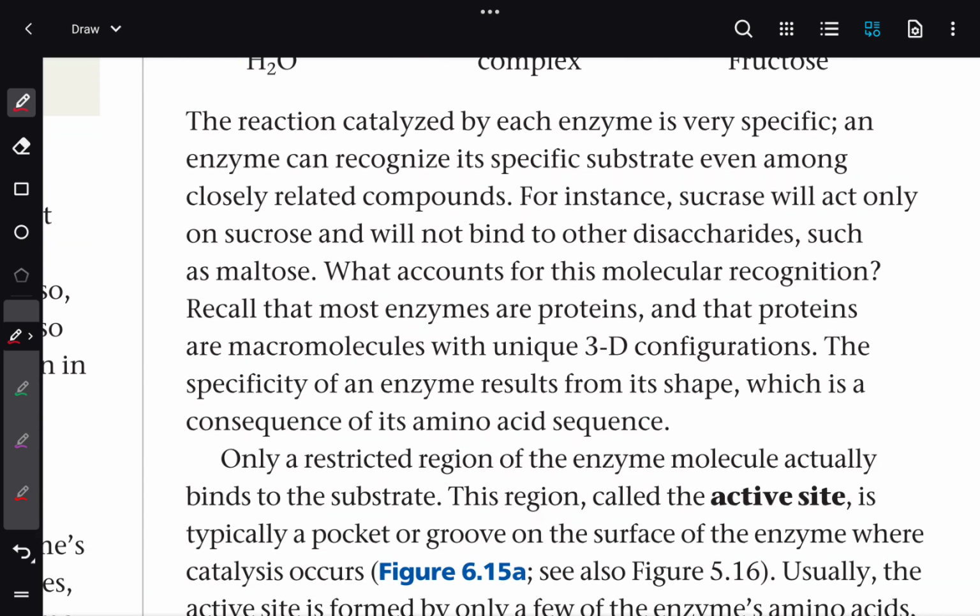The reaction catalyzed by each enzyme is very specific. An enzyme can recognize its specific substrate, even among closely related compounds. For instance, sucrase will act only on sucrose, and it will not bind to other disaccharides, such as maltose. What accounts for this molecular recognition?